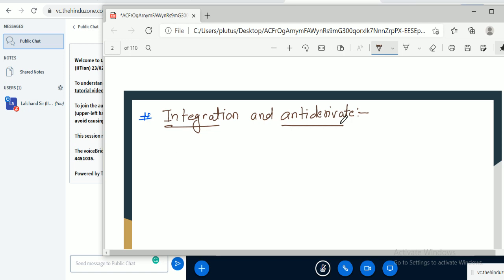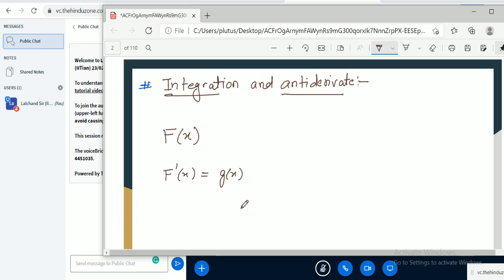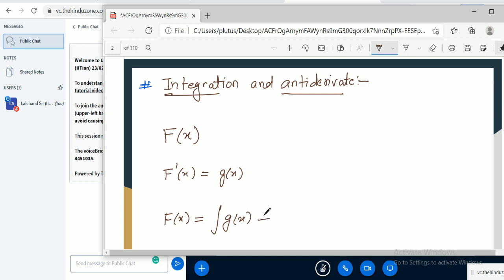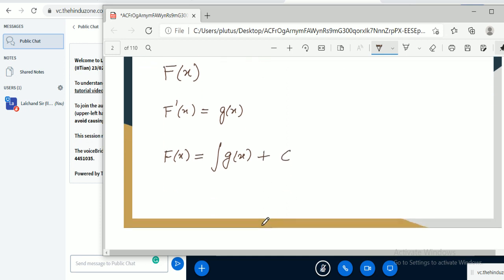Let's suppose we have a function f(x). If we differentiate this function, we get f dash x, the first derivative. Let's suppose there is another function, say g(x). So if we integrate this equation, we can write f(x) is equal to the integral of g(x) plus some constant c. This is the constant of integration.